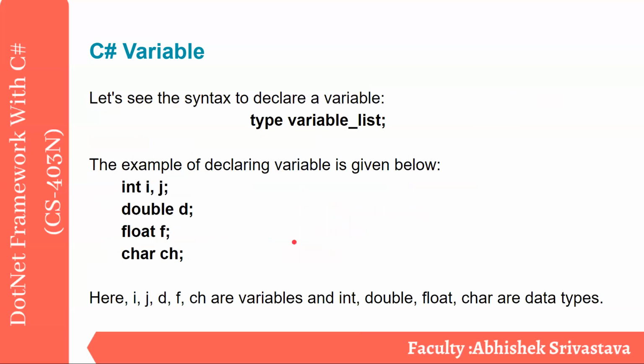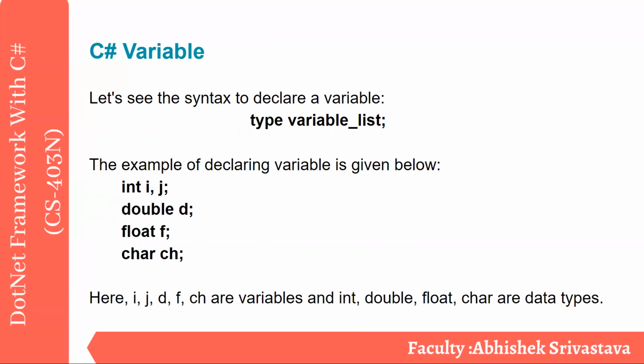Okay, now how is a variable declared? First, we use the type, meaning a data type. What kind of data type are you going to put over here? Then we have a variable list, meaning multiple variables can be declared using the same data type. A data type defines what kind of data is contained by the variable.